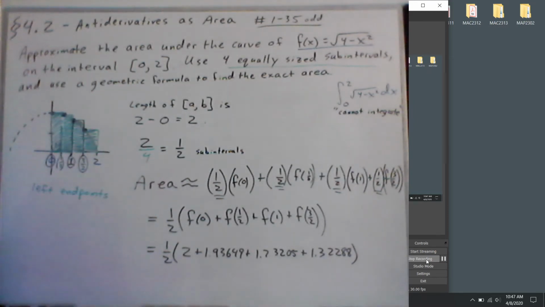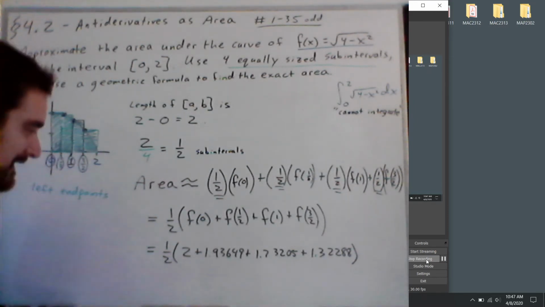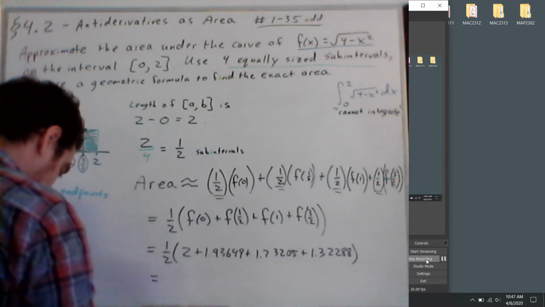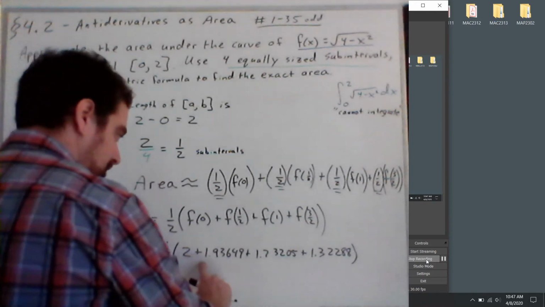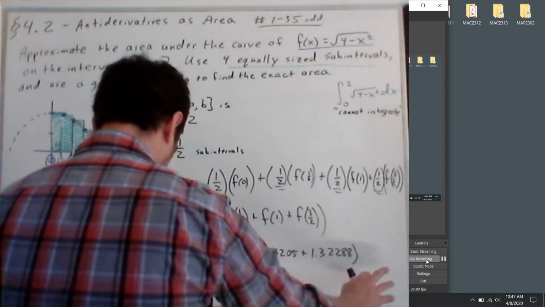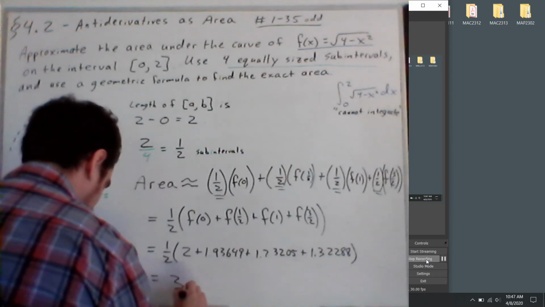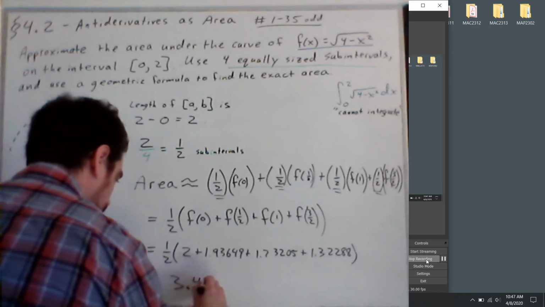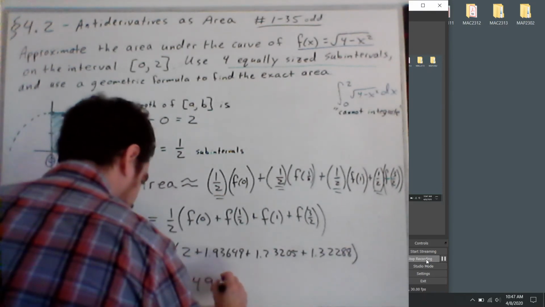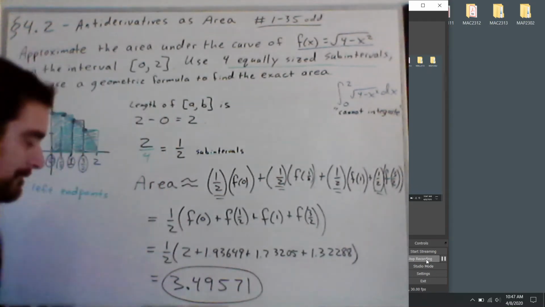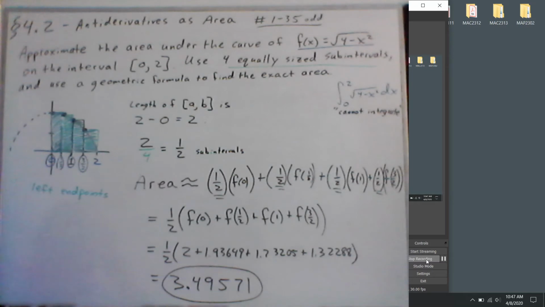That would be a little bit too much, in my opinion. But we can approximate them with the calculator. And then we can do 1/2 times this number, which is approximately 6.99142. Just to save the space, that's 3.49571. Okay, that's an approximation of how much area is there.